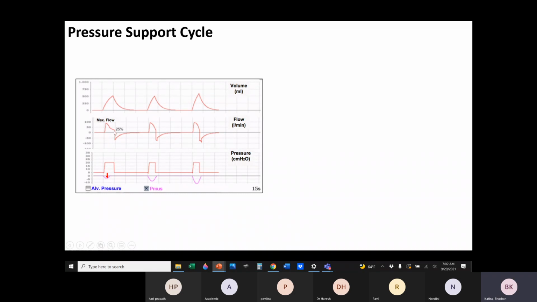Usually it is 25%. 25% would mean that when the flow falls to 25% of the peak inspiratory flow, that means it has achieved its one-quarter value from the maximum, the system will automatically cycle into expiration. And there is a pressure support that you set to about 8 or 10 or whatever. The trigger is always the patient.